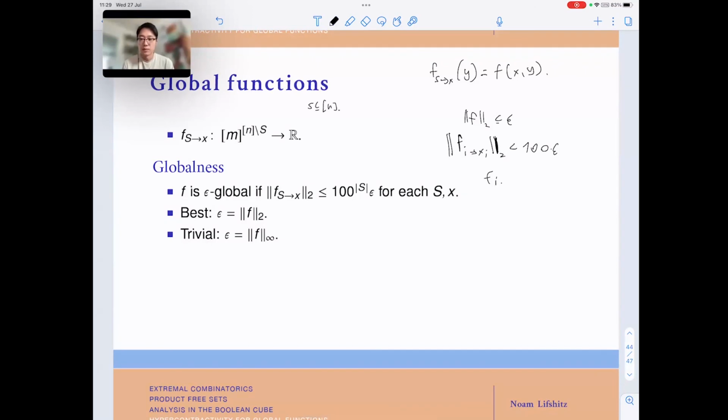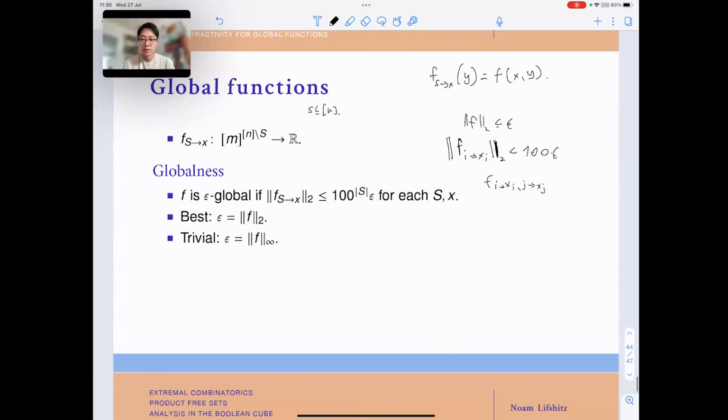And then if we take two coordinates and restrict i to xi and j to xj, so we look at f inside the intersection of two dictators, those with ith coordinate xi and jth coordinate xj, then the two norm is at most 100 squared times epsilon, and so on.